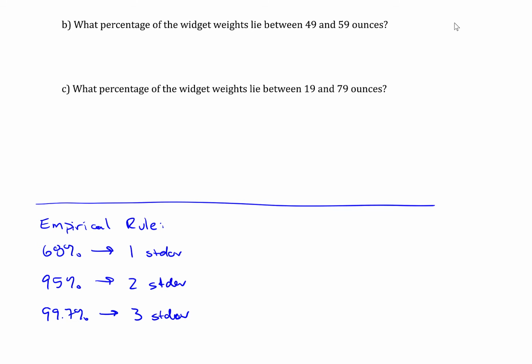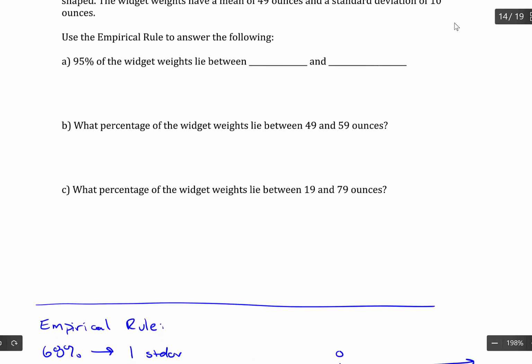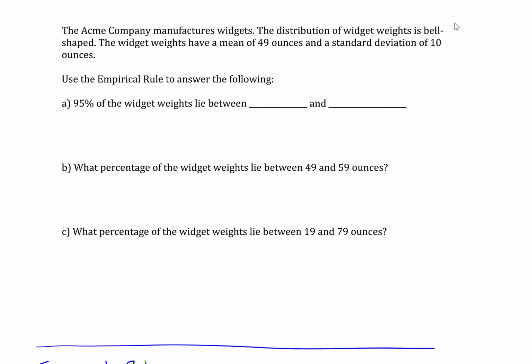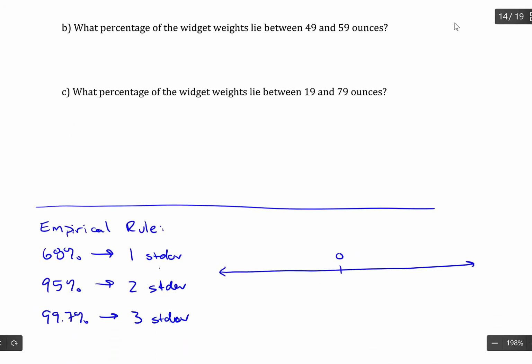Now, to figure out what these values are that are 1, 2, and 3 standard deviations from the mean, a great way of doing that is just make a number line and count off by standard deviations. So I'll put 0 as the center, and that's going to be my mean. So the mean of this distribution was 49. So I'll put 49 right here.